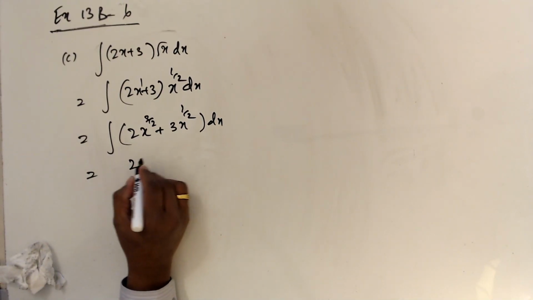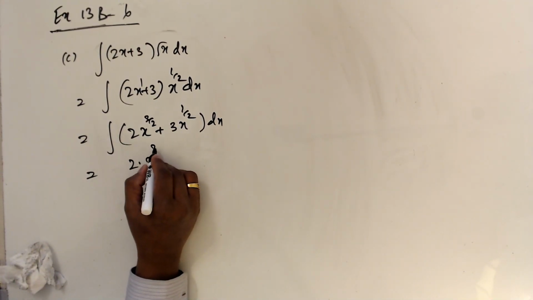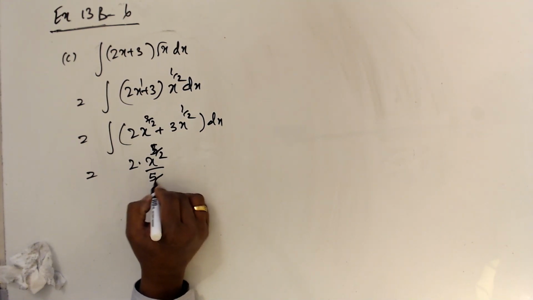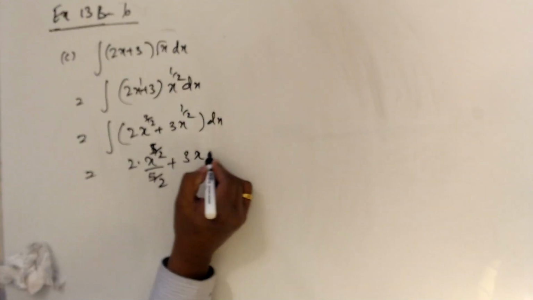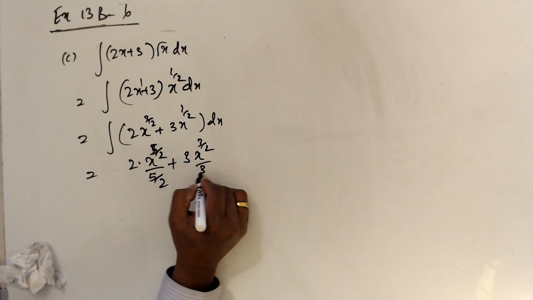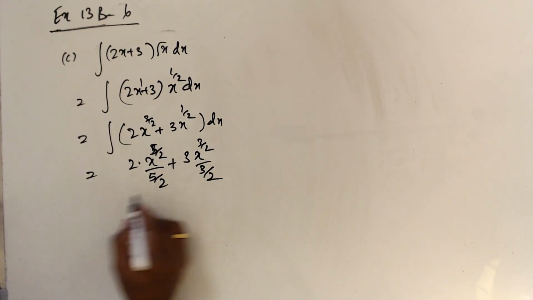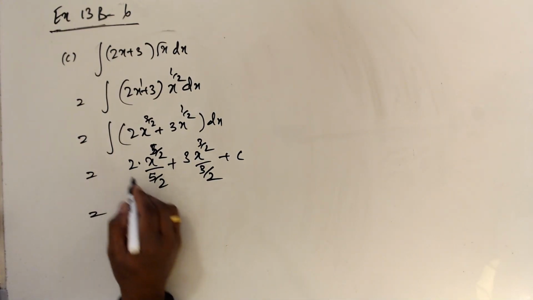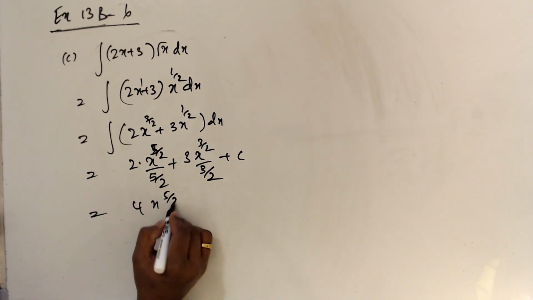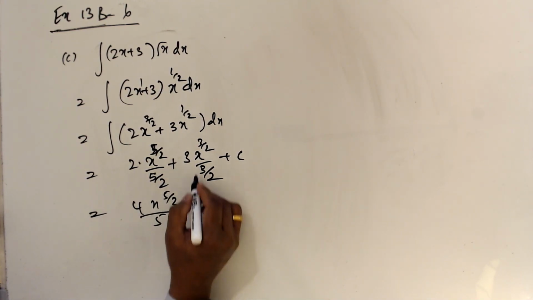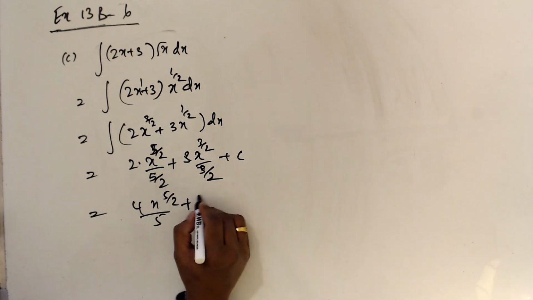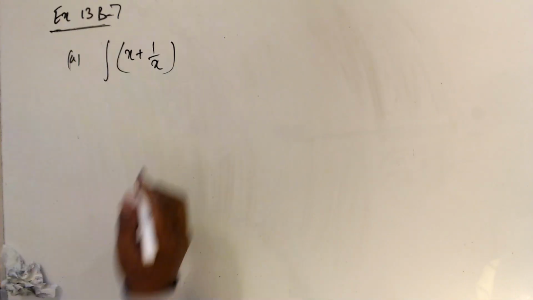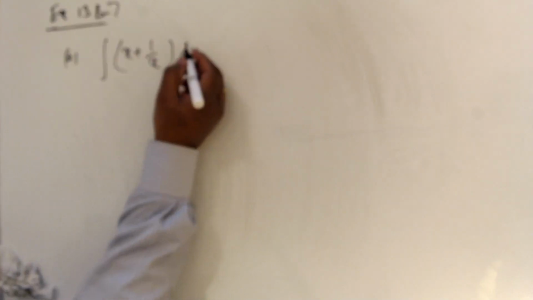So this is 2x^(3/2+1) = x^5/2 over 5/2 plus 3x^3/2 over 3/2 plus c. This is going to be 4x^5/2 over 5 plus, this cancels out, 2 comes up, 2x^3/2 plus c dx.